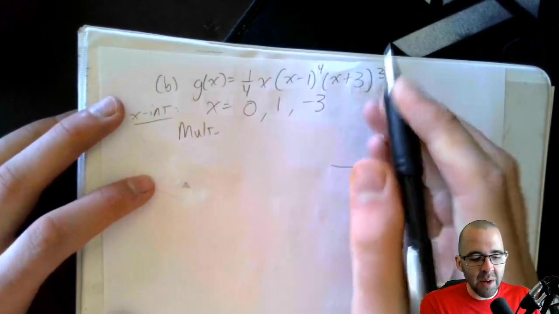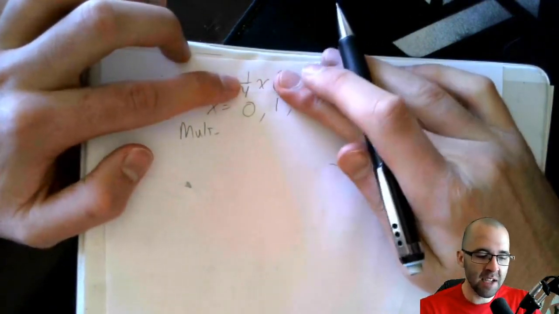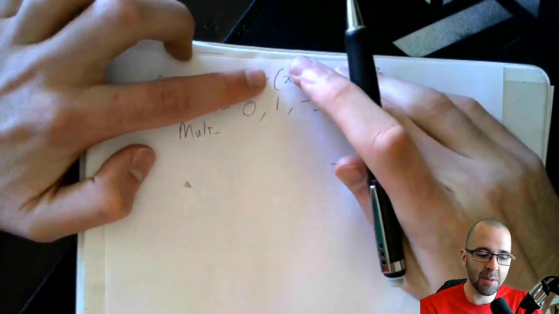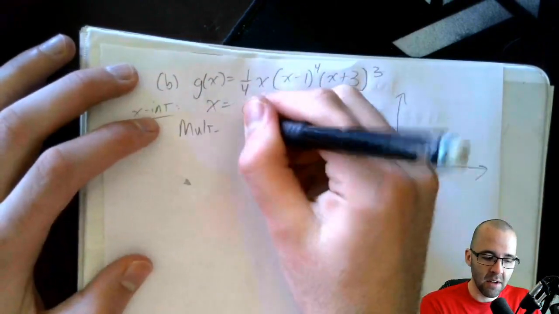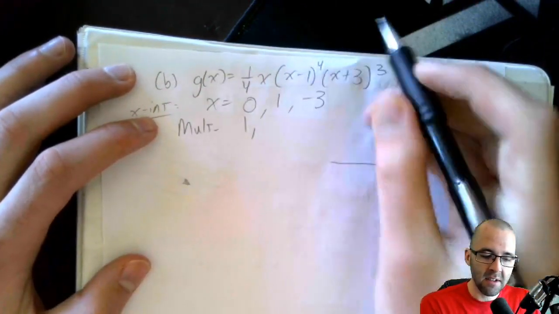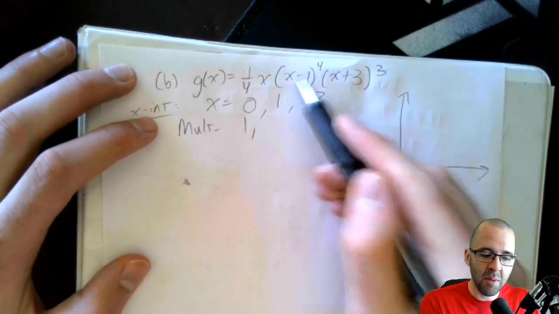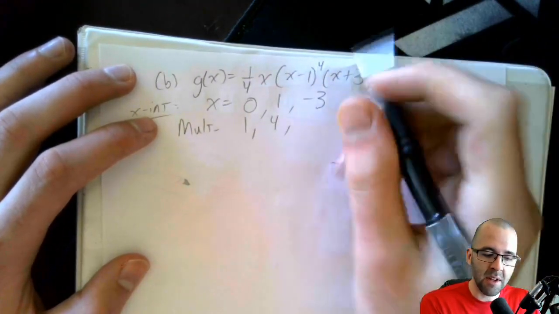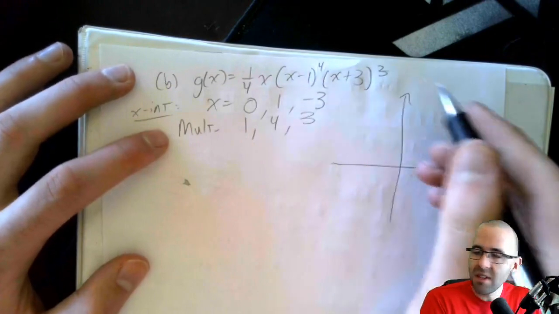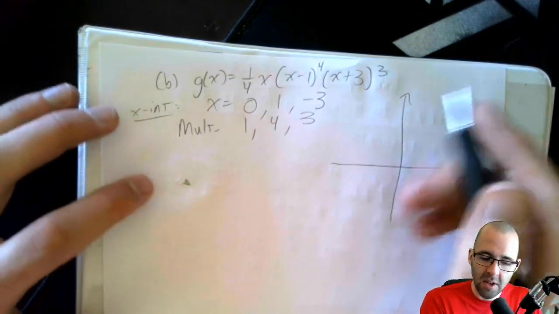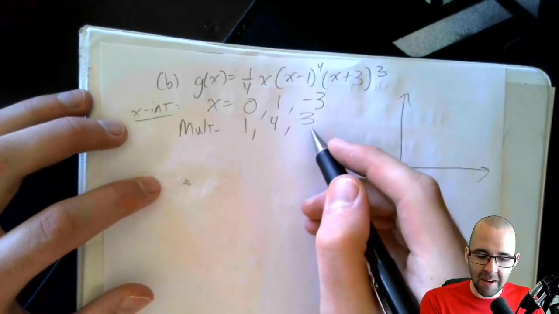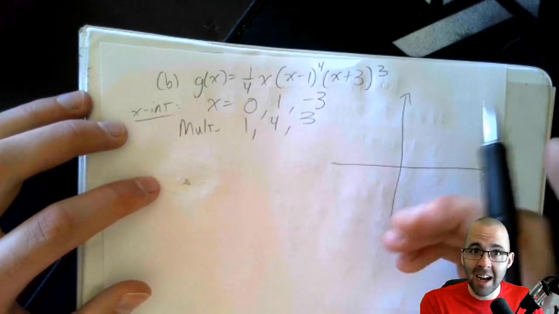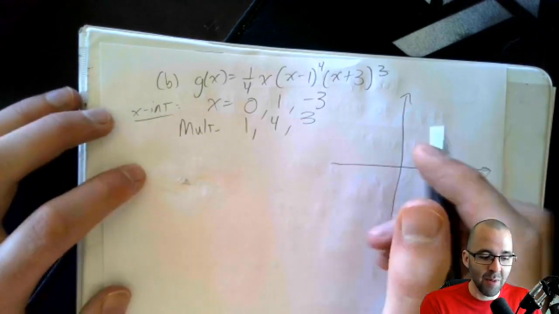Let's do multiplicity while we're here. This has multiplicity 1. The exponent is 1. This has an exponent of 4, so it's going to be multiplicity 4. This, multiplicity 3. Multiplicity is just the exponent. Ooh, we got a multiplicity of 3, 1. We didn't have that case in part A, but it's going to be okay.